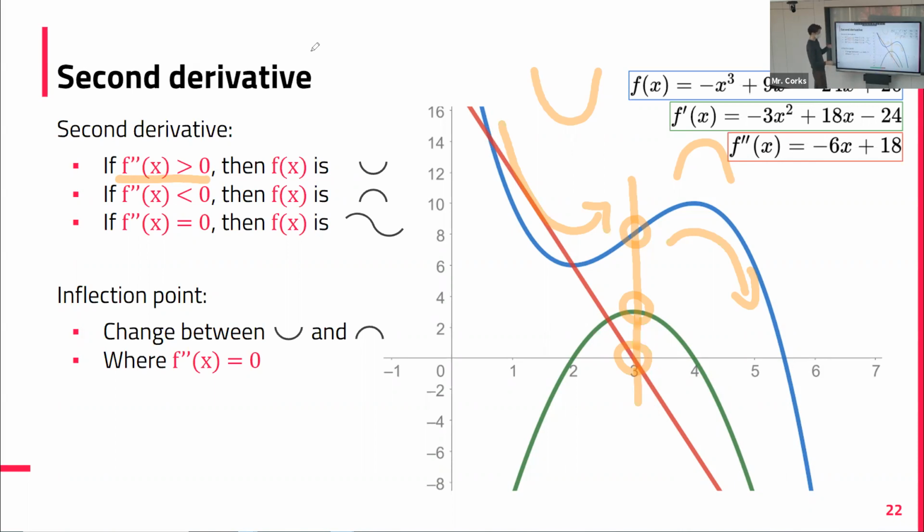And when it is exactly 0, that's where we have this inflection point, this changeover between the two. So that's our fancy new term here. Inflection point just means where we change from curving up to curving down or curving down to curving up, in either direction.